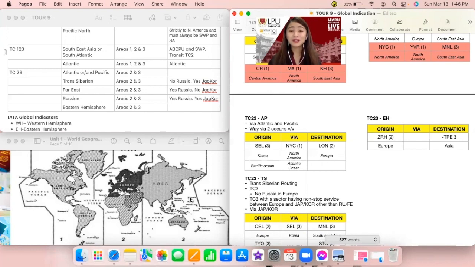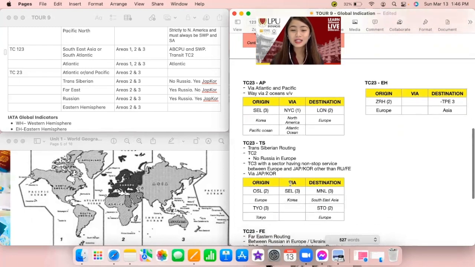Pero meron pa ding mga kailangang i-consider at paikot-ikot at iguguluhin ng mundo natin. So, for TZ23AP, Atlantic and Pacific, we have the Korea, North America, and Europe. So, dumaan pa siya sa Pacific. Dumaan din siya sa Atlantic. Hindi na lang siya nag-shortcut. Nag-long cut pa siya. Diba?